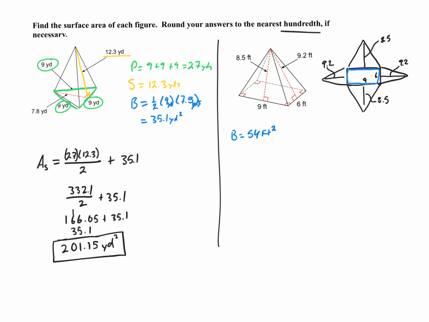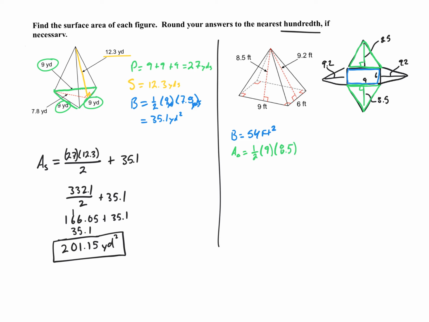Now let's find the area of these larger triangles here. Notice we have 2 of them. The area of a triangle is going to be 1/2, since it's a triangle, the base, which is 9, times the height, which is 8.5.